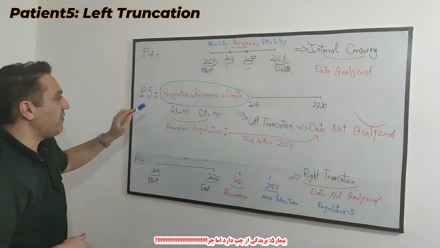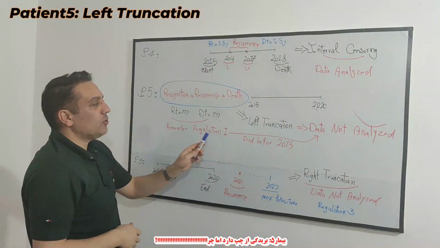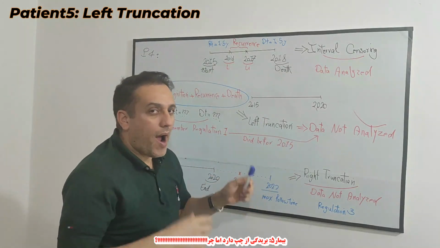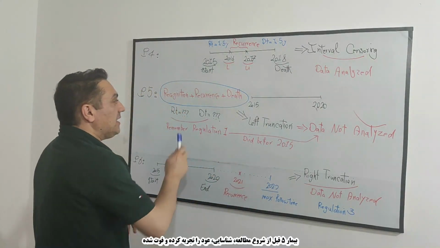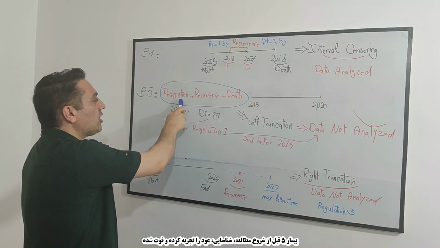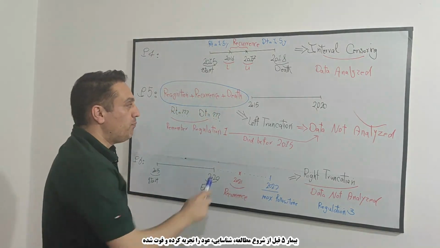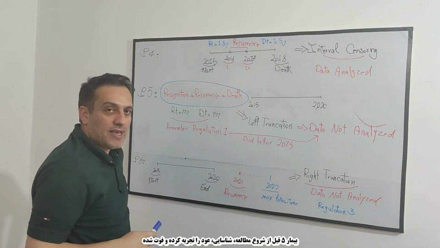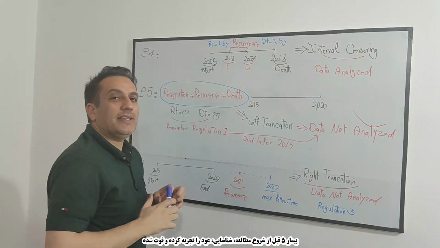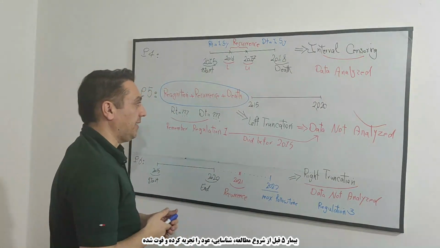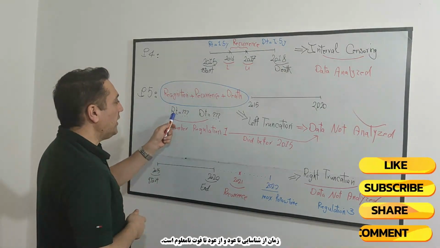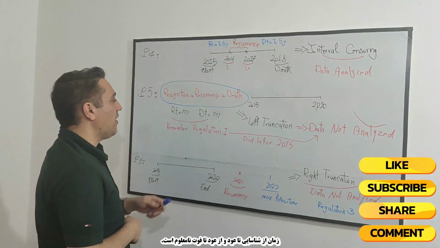Patient 5 is about left truncation. Why left truncation? This patient has recognition plus recurrence plus death before 2015, meaning before the start of the study. Then RT unknown, DT unknown.